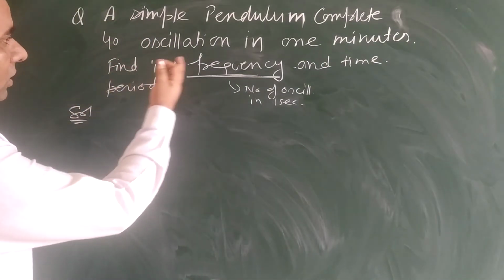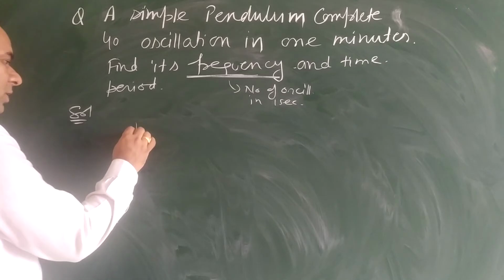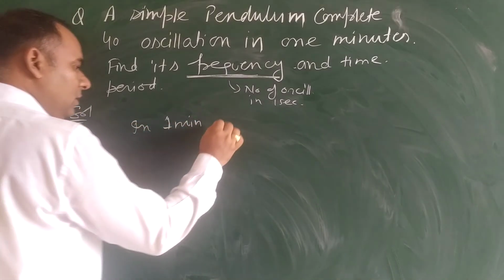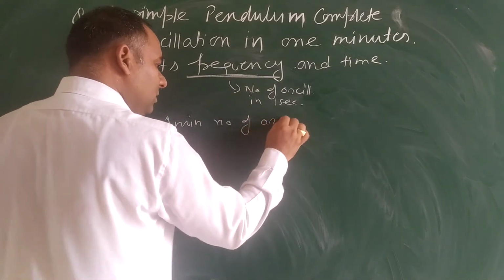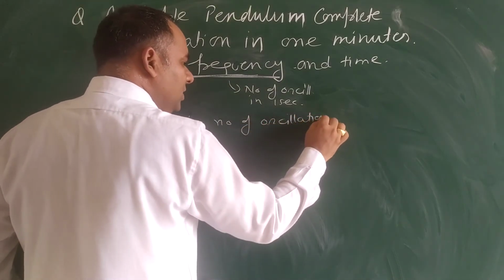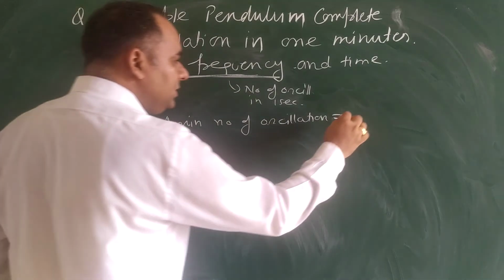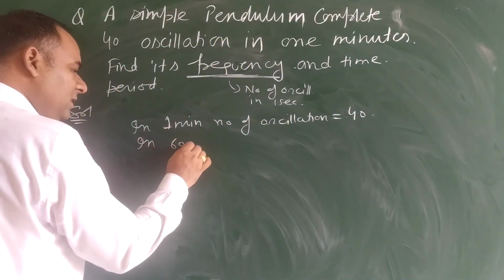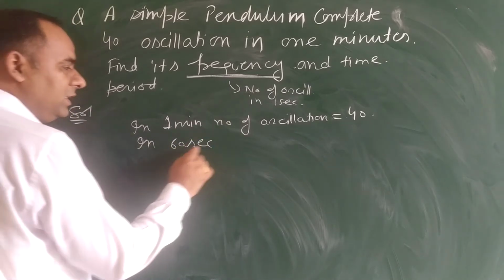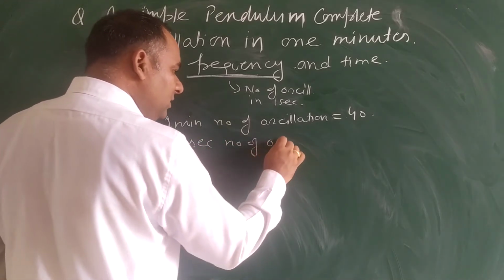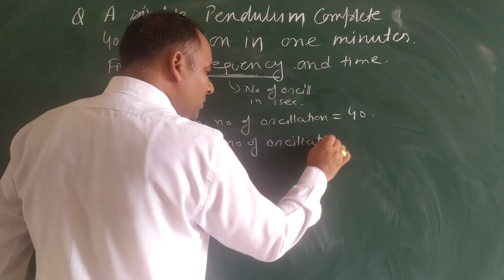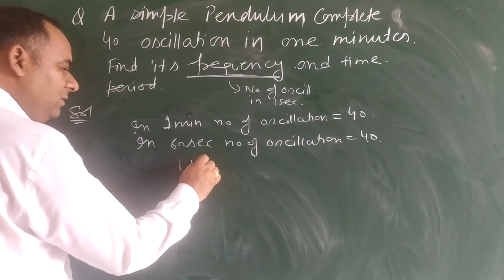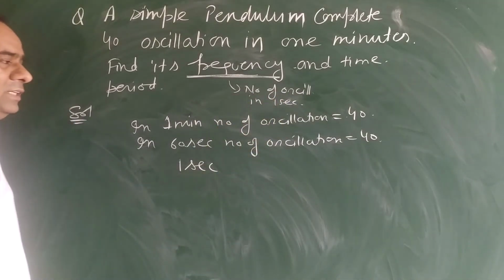So here, 40 oscillations in 1 minute. In 1 minute, how many oscillations are there? 40, in 60 seconds, because 1 minute is equal to 60 seconds. And the number of oscillations in 1 second is the frequency.